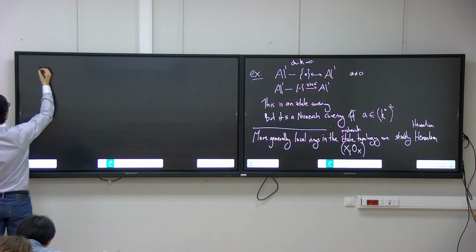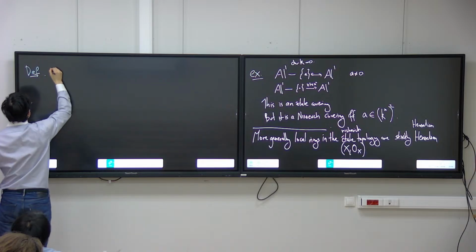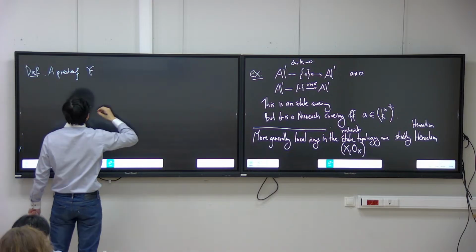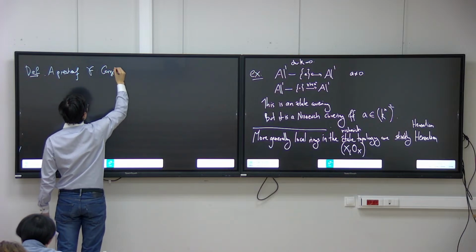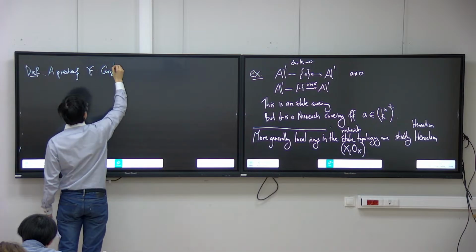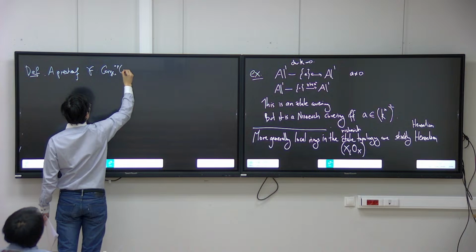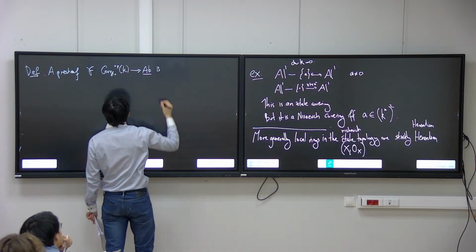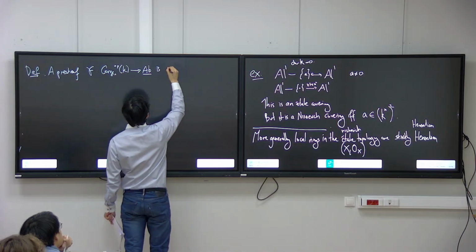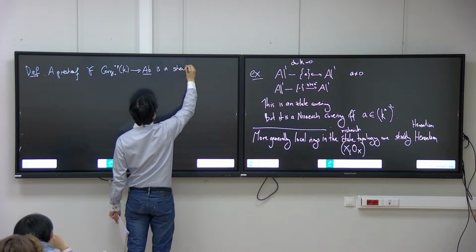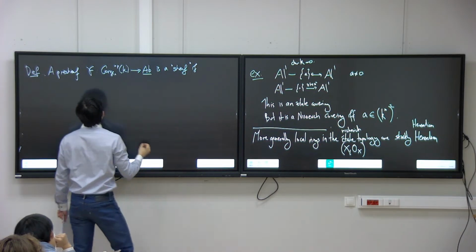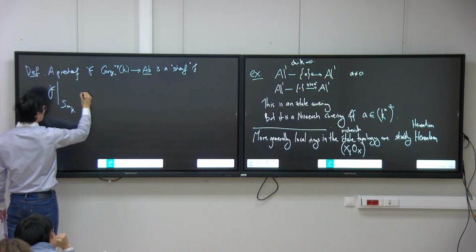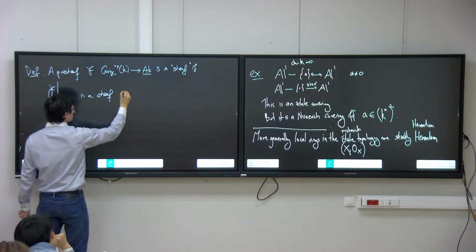Okay, so definition. A presheaf F from finite correspondences to abelian groups is a sheaf if F restricted to the smooth schemes is a sheaf for the Nisnevich topology.